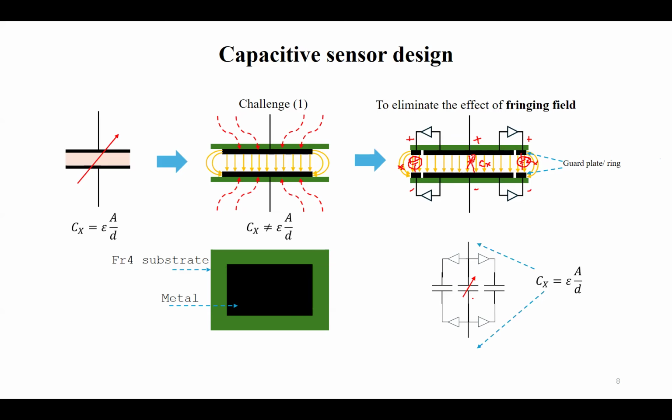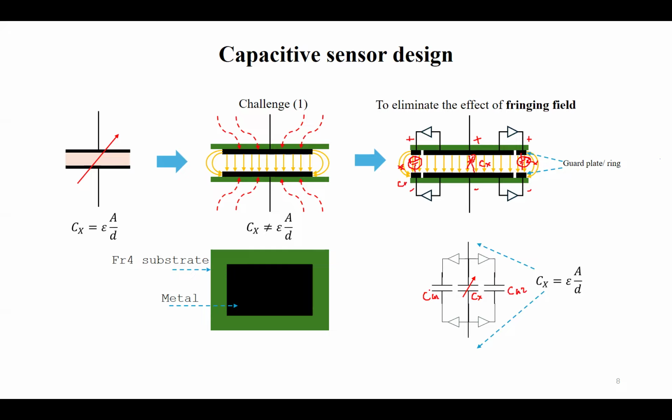So the electrical equivalent will be somewhat like this. I have our required capacitance Cx, and we have some other capacitances, CG1 and CG2, corresponding to the capacitance of the guard plates.